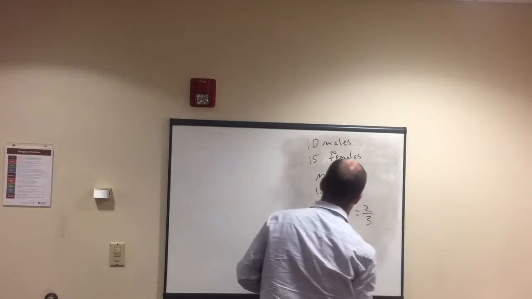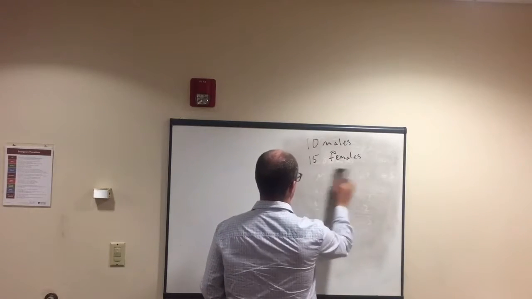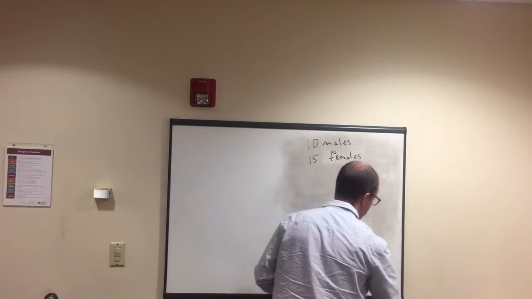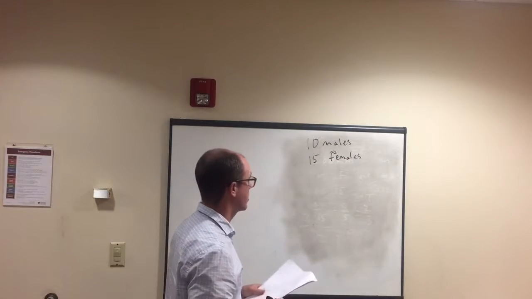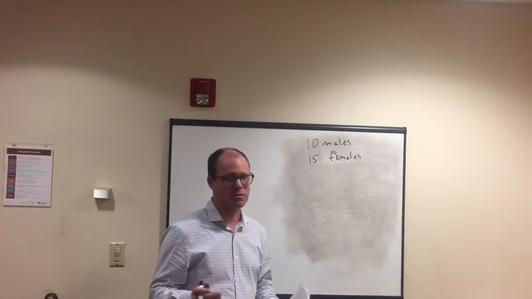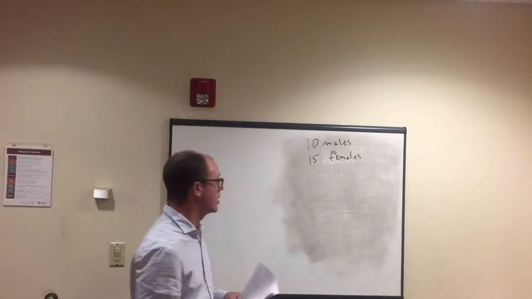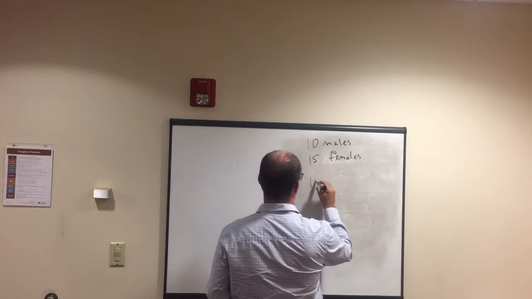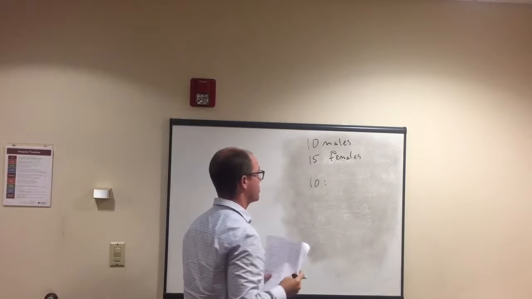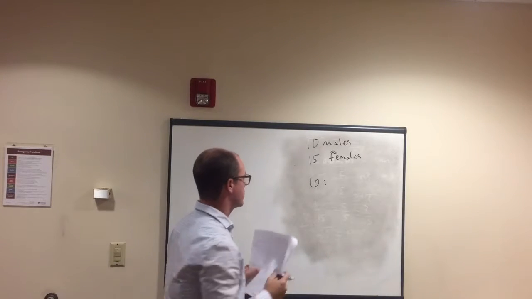Okay. Now, what if it said, and this is where you got to make sure you read the questions carefully. It's a big deal in test taking, and probably math even more so. What if it's 10 males, 15 females, and it said what's the ratio of males to everybody? So it's not still going to be that 2 to 3, right? If it's 10 males to everybody, which includes males, 10 plus 15 is 25.